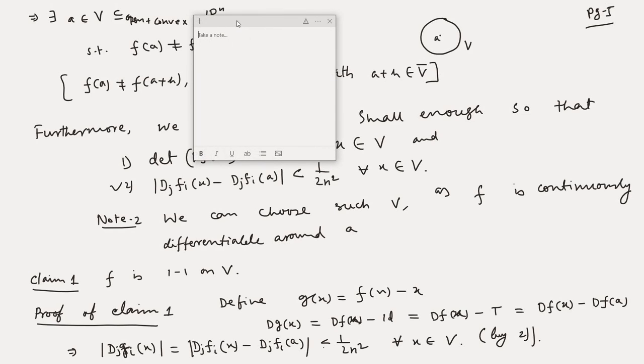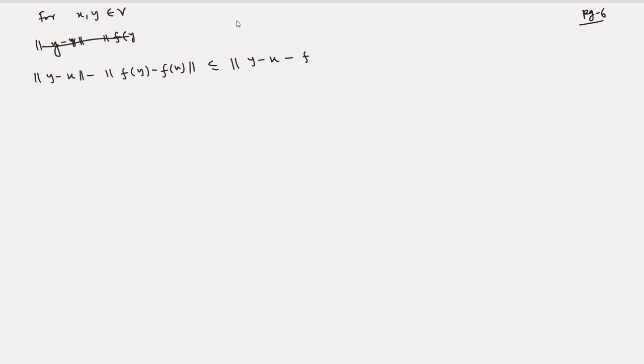Next page is page number 6. Now for x and y in V, by triangle inequality, norm of y minus x minus norm of f of y minus f of x is less or equal to norm of y minus x minus (f of y minus f of x).